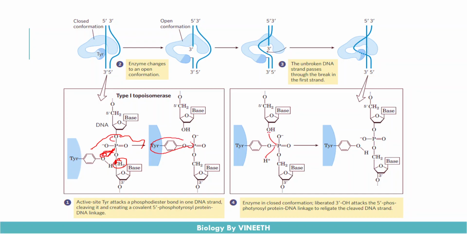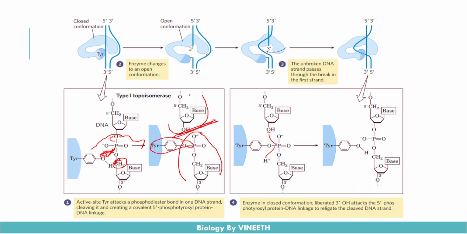This bond is called a transient covalent bond because it further breaks into two parts. This bond formation breaks the bond between the above base and the below base, and this forms a single stranded cut in the DNA sequence.